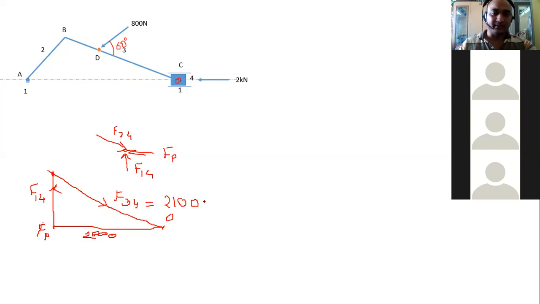Now you solve this problem and try to get the values and cross check with these values. So F34 you will get around this value. This is not very exact, that depends upon your scale and the accuracy with which you are drawing this figure. So F34 you will get as 2100 Newton, right? So once you get this, you can mention over here F34, that is 2100 Newton. Then go to next point.